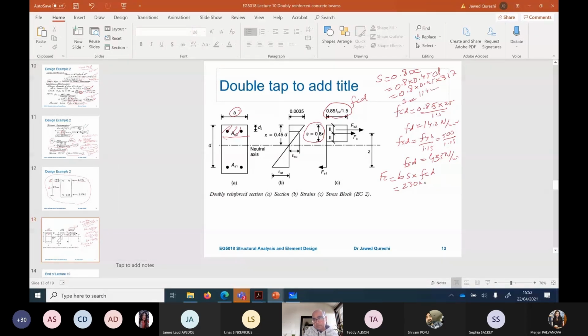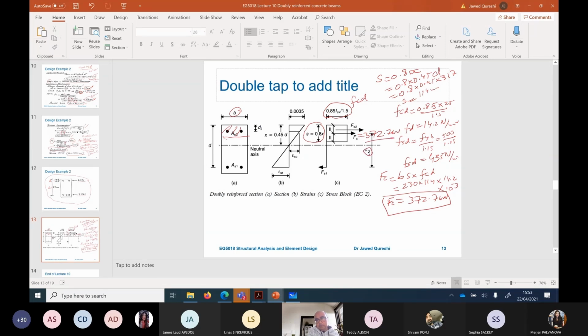So this is the value of S. So 114 times FCD, which is 14.2. 114 times 230 times 14.2, and I will divide it by 1000 to convert it into kilonewtons directly. So this is giving me 372.7 kilonewton FC. Then you will draw this diagram and say that FC is 372.7 kilonewton.